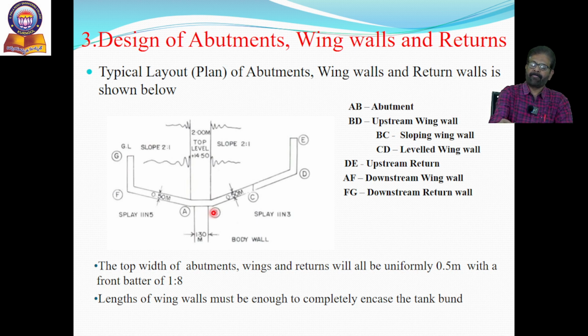So both ends of the wing wall should be comfortably encased into the tank bund. By keeping in mind these two standard specifications, we can easily design these three components.